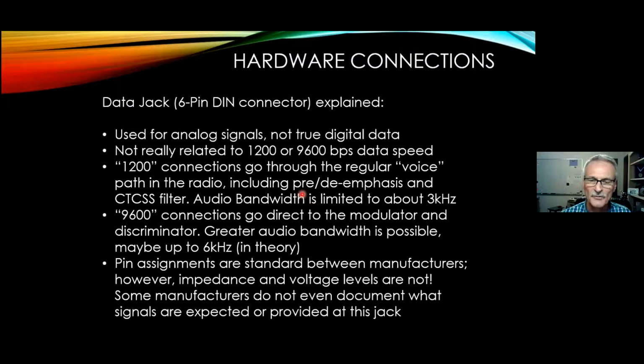That's going to limit your audio bandwidth, and that means you're not going to be able to push as much data through that path. We're doing this processing. Pre-emphasis and de-emphasis is kind of like Dolby on the old cassette days.